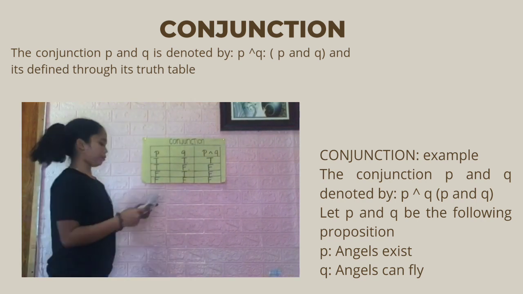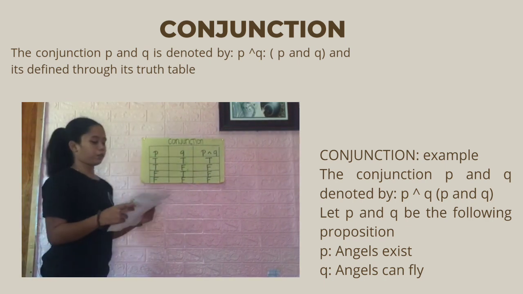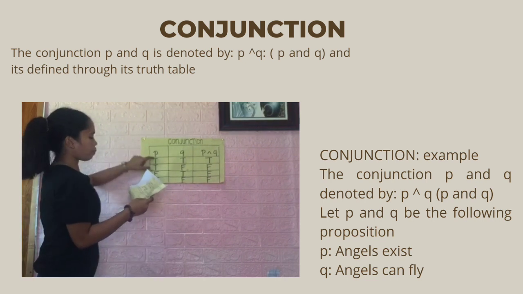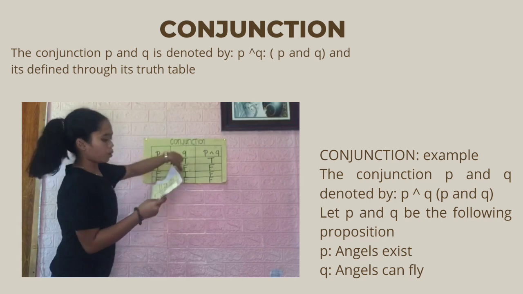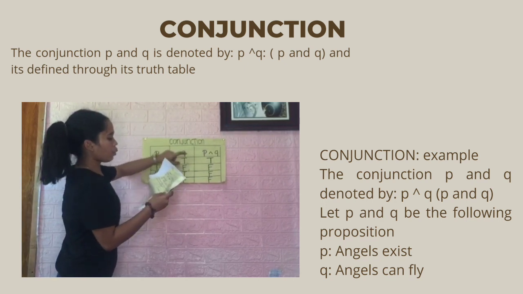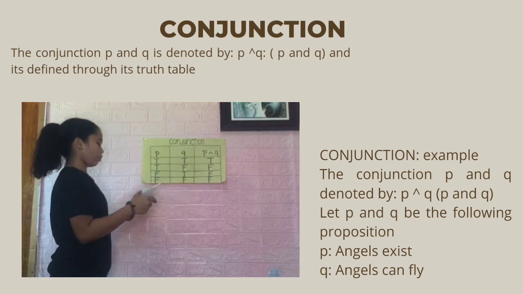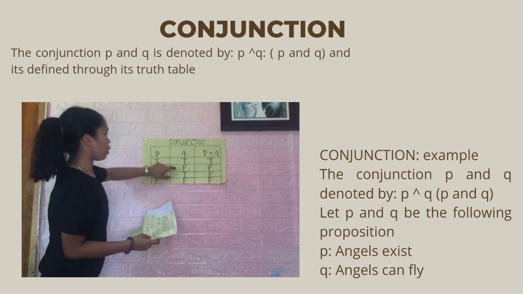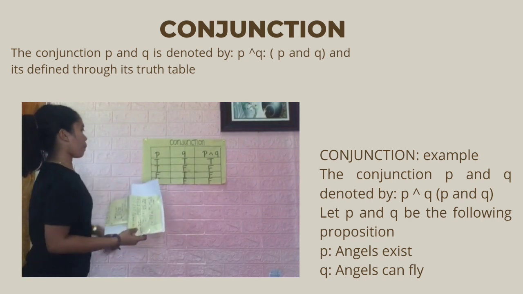Conjunction truth table. We have 4 combinations for propositions P and Q. If proposition P is true and Q is true, then P and Q is also true. If P is true and Q is false, therefore P and Q is false.